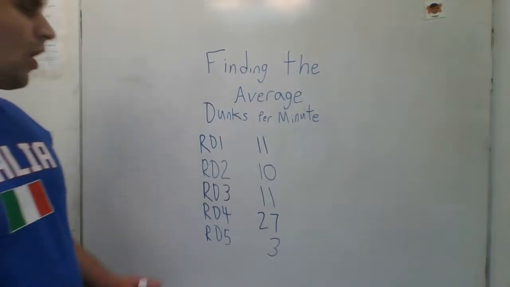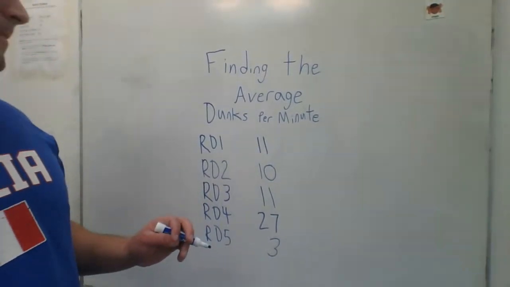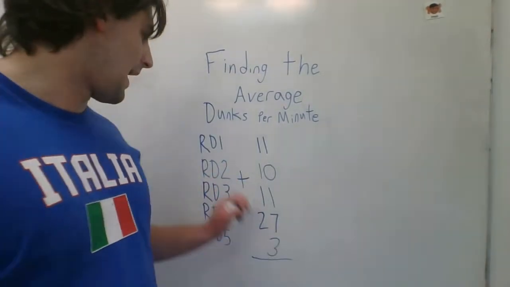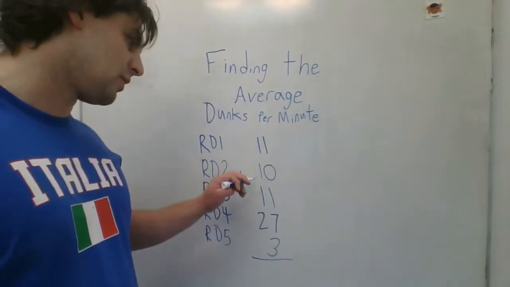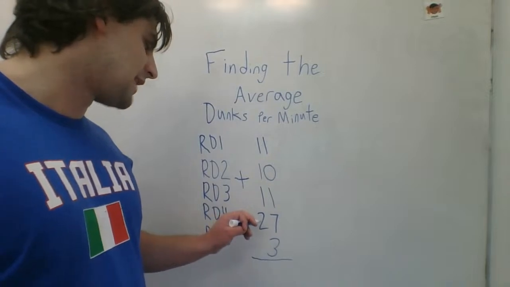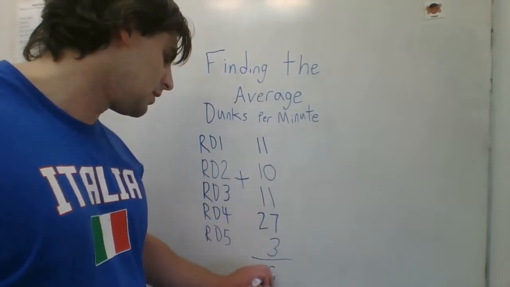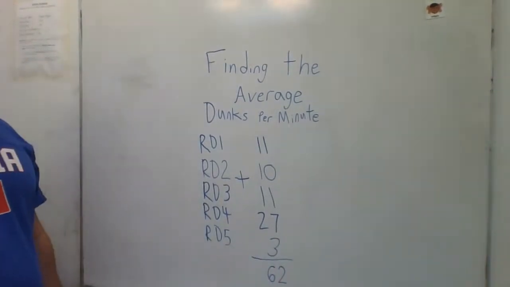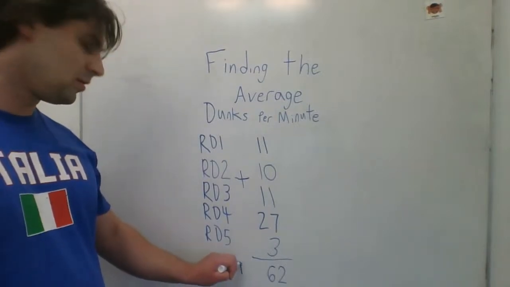So we add all of these together. 11 plus 10 equals 21, plus 11 equals 32, plus 27 equals 59, plus 3 equals 62. So I have 62 total dunks. So 62 is my total.